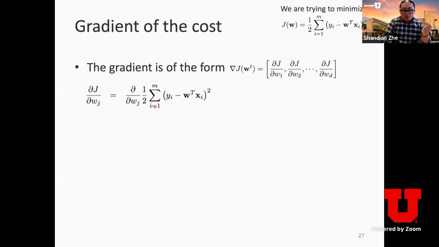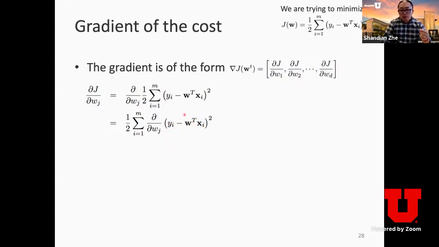So this is our objective. It's a half times the summation. Of course we can move the partial derivative inside the summation, so we take the gradient of each square error. And here we can use the chain rule. We can view this error, yi subtracted by the prediction, as a whole.